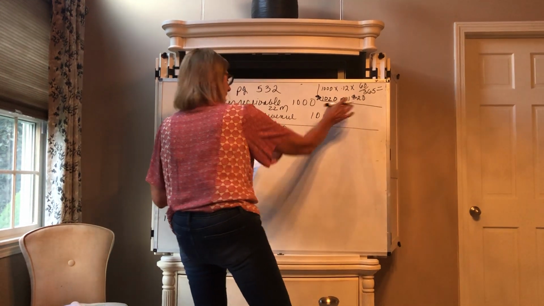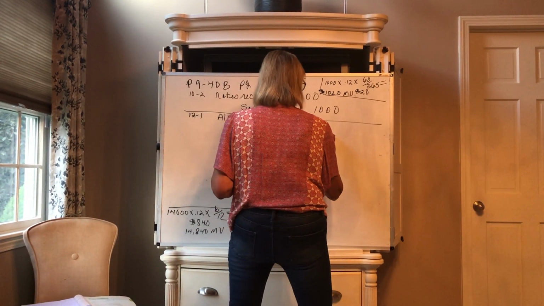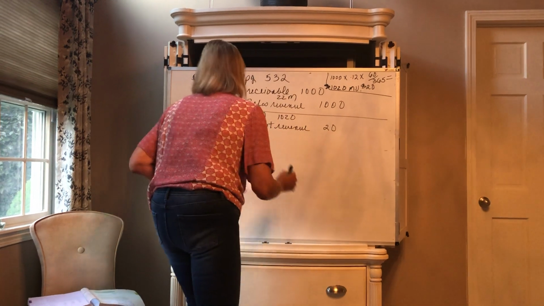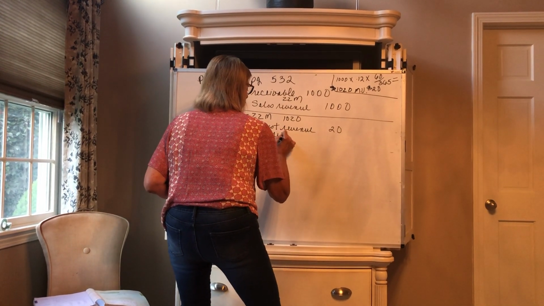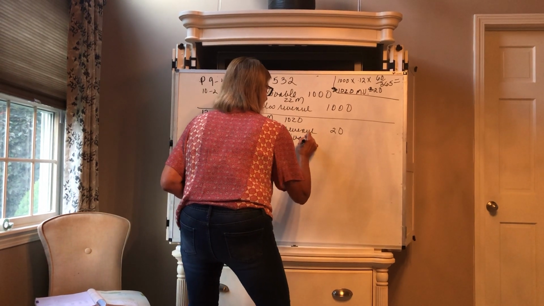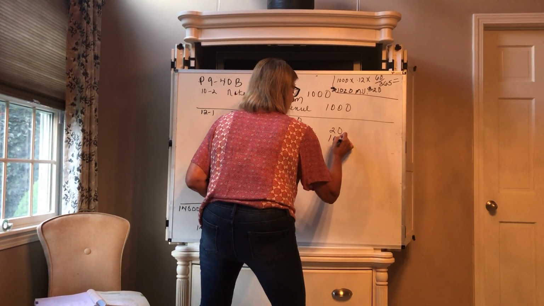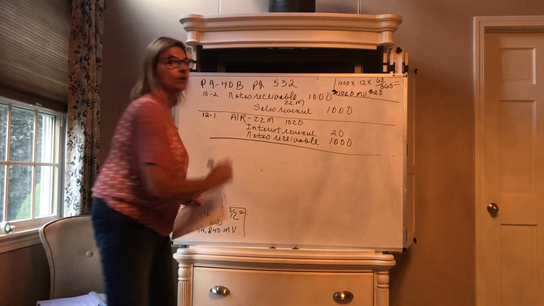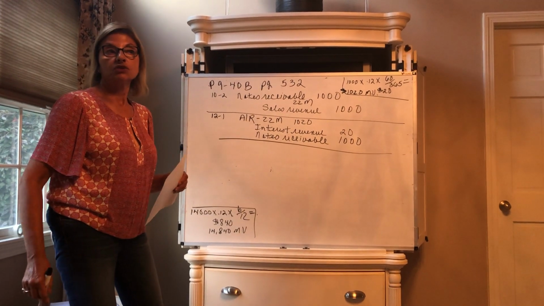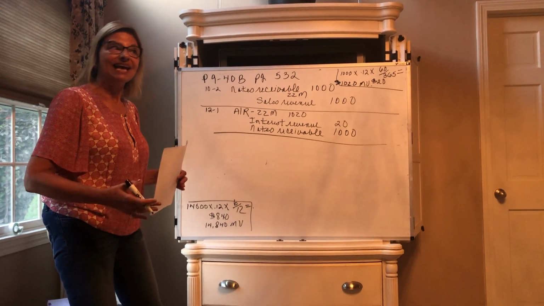So, already did the math, so we know it's $20. And then we credit the note. It's a similar journal entry to when you get paid. The only big difference is you didn't collect any money. The debit is to accounts receivable, not to cash. When you get paid, the debit is to cash.